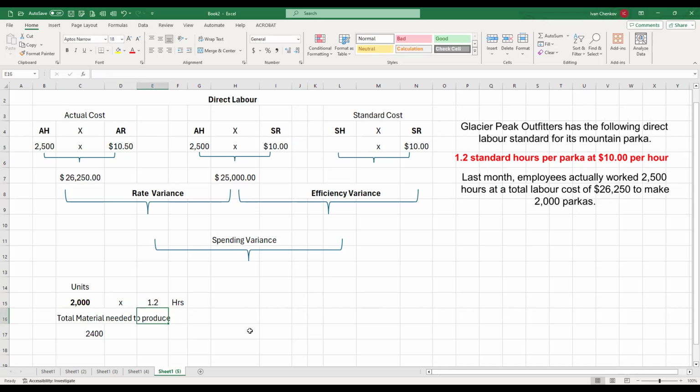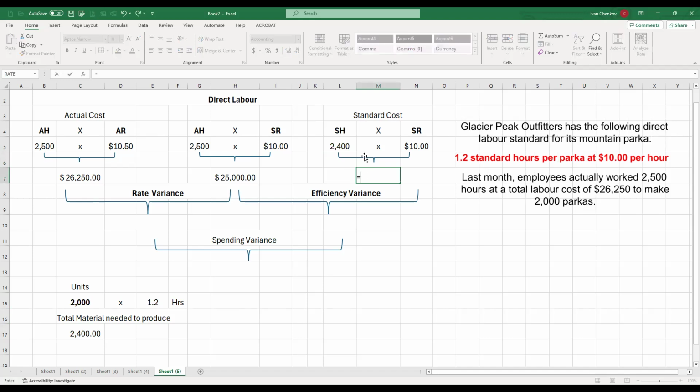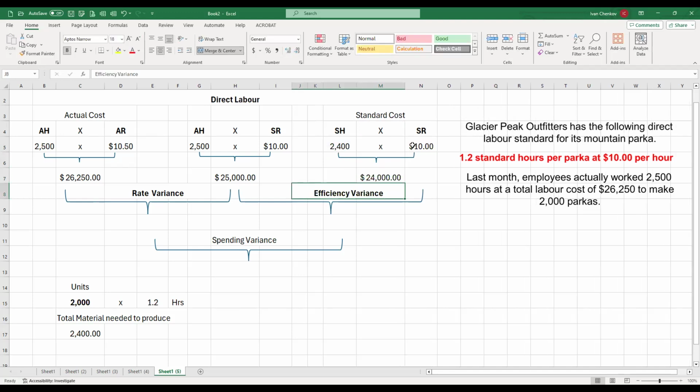So in total, I need how many hours? 2,400 hours. So 2,400 hours will be my number here. So can I calculate my standard cost? Yes. My standard cost will be $24,000.